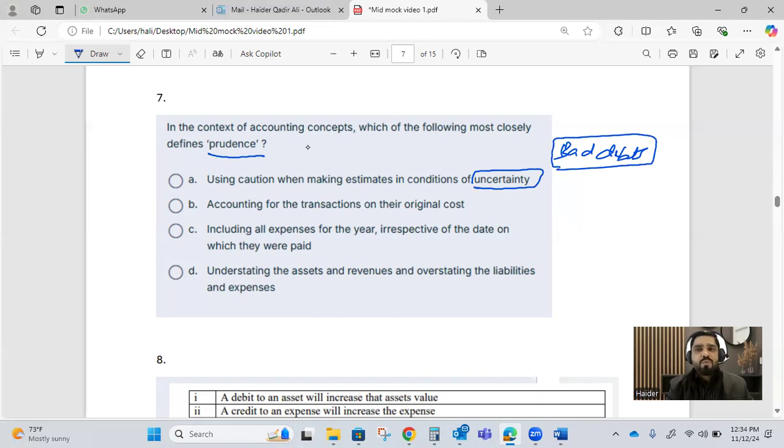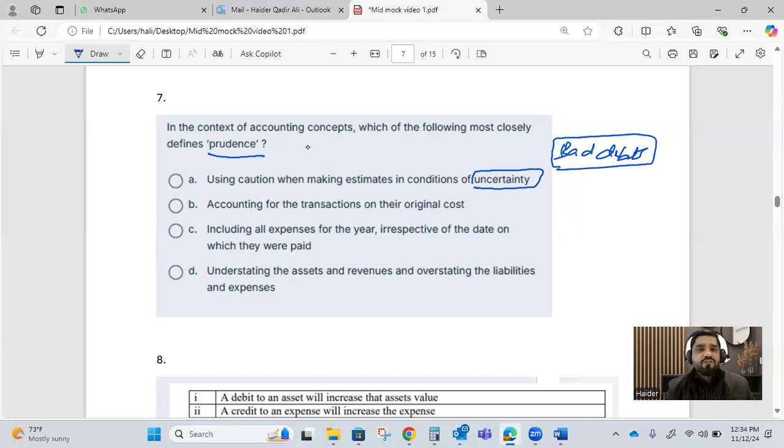That's the application of prudence. And this is the same thing, they are saying we are making caution about the future uncertain condition because bad debts are uncertain. Okay, fine. That is one of the probable answers, but I'm not confirming it now. Let's see what other options say.